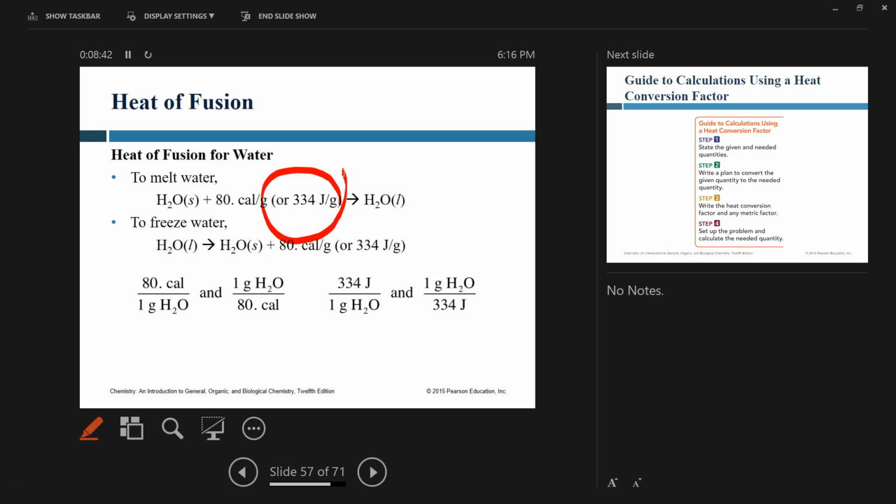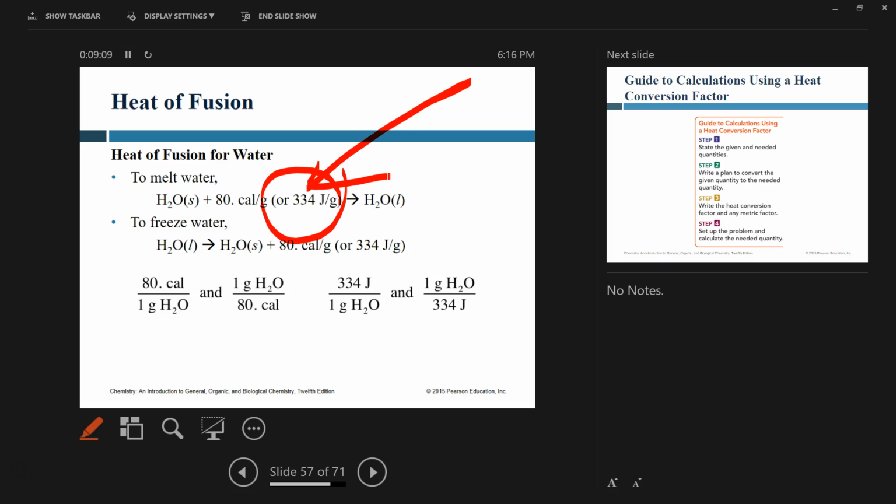I gave you a number. It's 334 joules per gram. What does that mean? It means that in order to take 1 gram of ice and make it 1 gram of liquid water, you need to apply 334 joules of energy to that 1 gram of ice. Does that make sense?